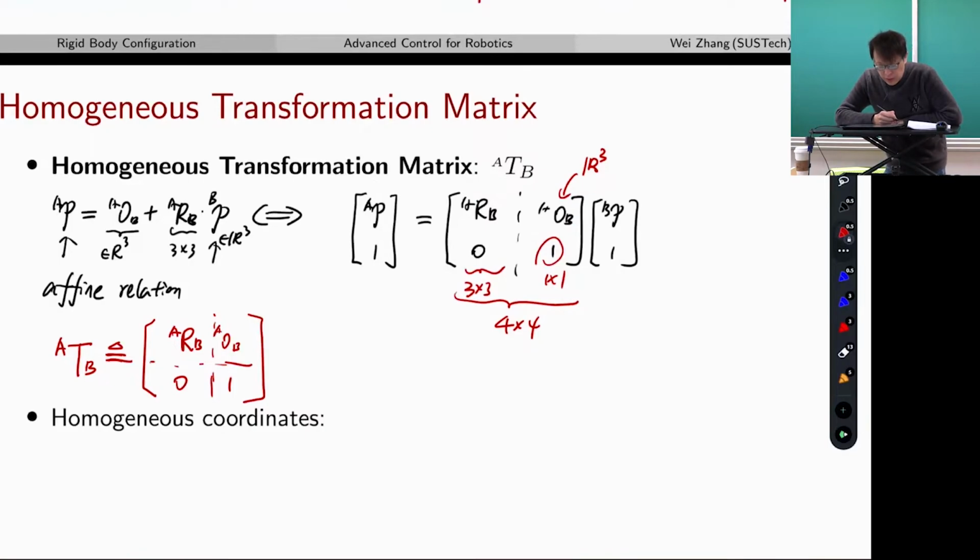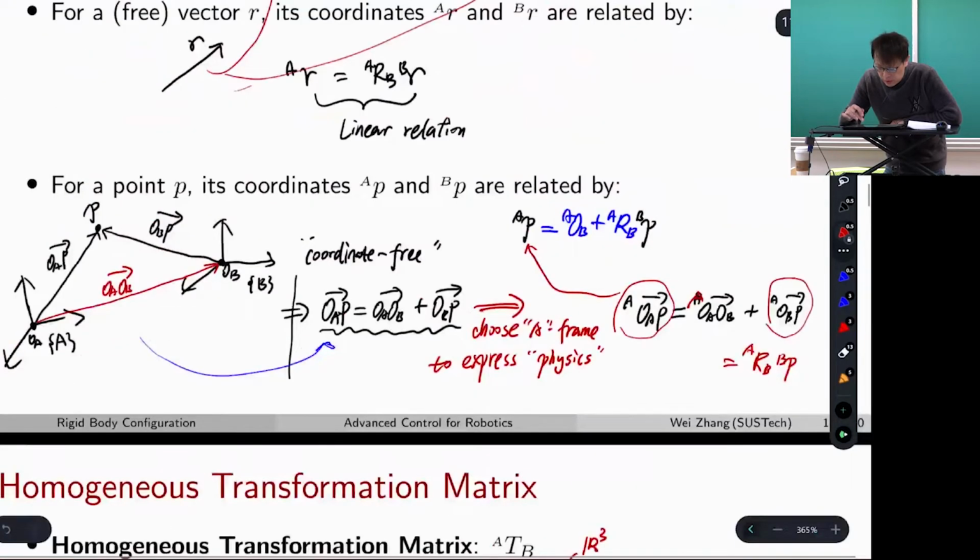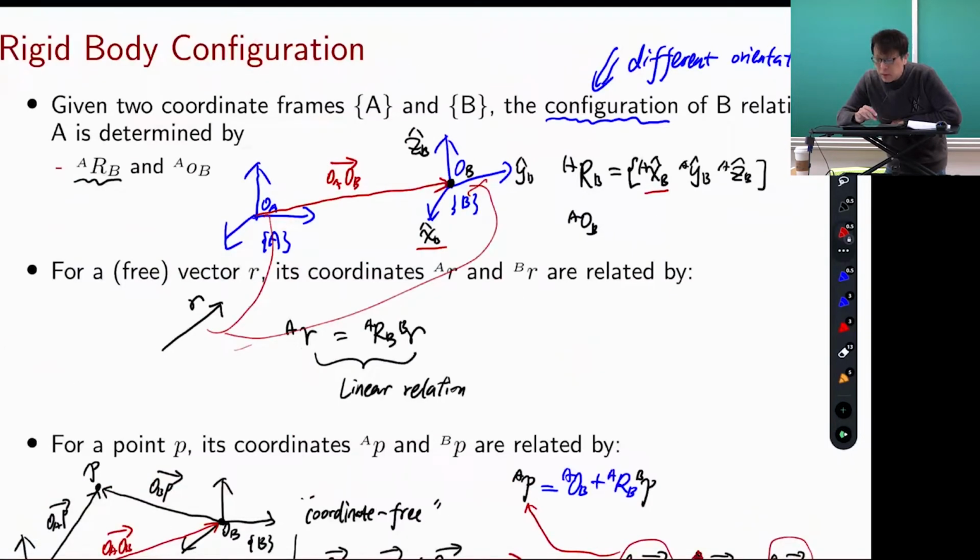It's just putting together everything you need to change coordinates or to represent frame B in A. Orientation of B with respect to A is completely characterized by R_BA. To really know the spatial relation, you need to know O_BA as well. These two things define all the relation between these two coordinate systems.